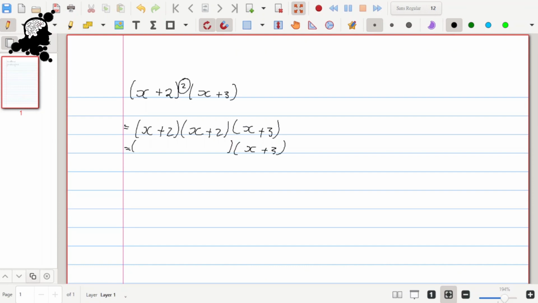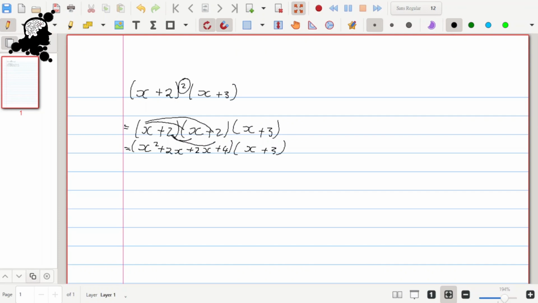So, using FOIL, x times x, that's going to give me x squared. X times 2, this is positive 2x. Then 2 times x, that's going to give me just positive 2x. And then 2 times 2, this is going to give me positive 4.